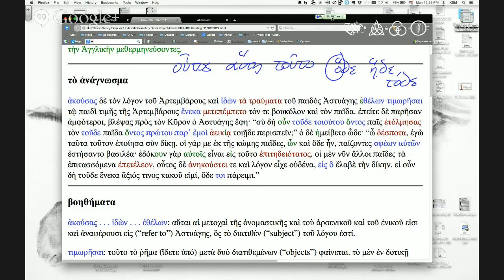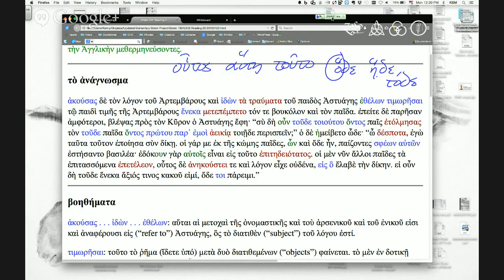Touto means this that we've been talking about. So touto has a tendency to refer backwards in time, whereas tode tends to refer forward in time. In this particular case, it has to do with proximity.